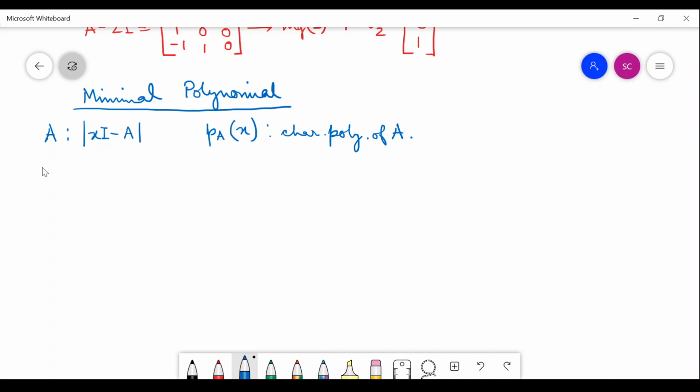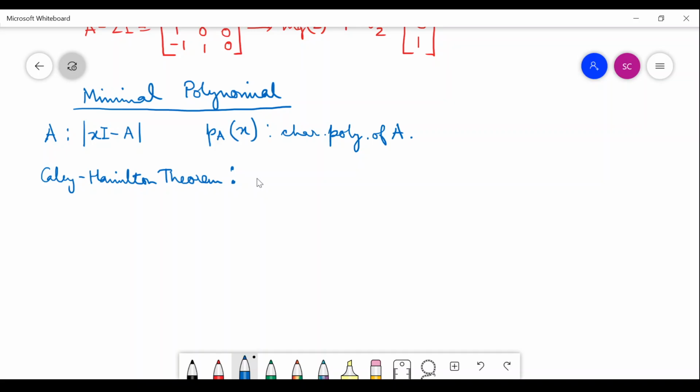What we know from Cayley-Hamilton's theorem, which is a very important theorem, is that the matrix A satisfies its characteristic polynomial.